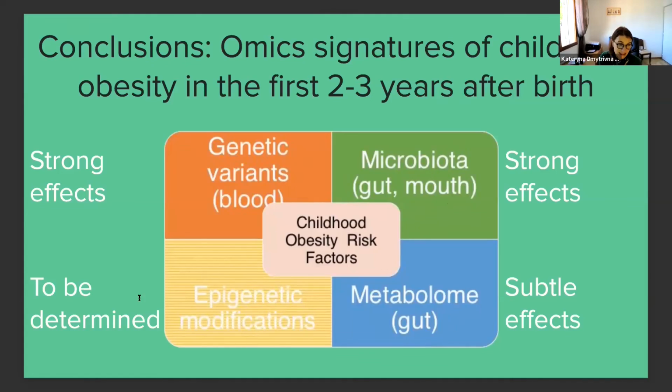And we still need to determine the epigenomic effects. And eventually, we would like to build an integrative model of childhood obesity using all these different types of omics data that we have collected. So please stay tuned for more developments of this topic.